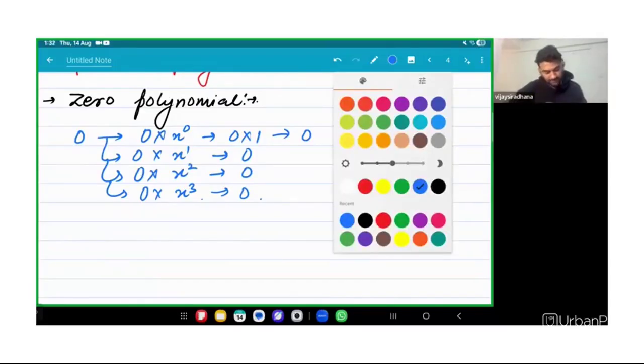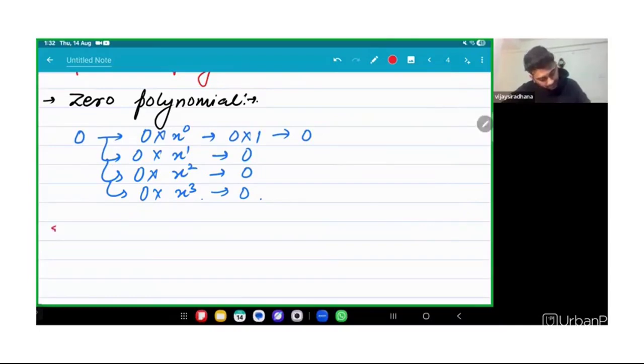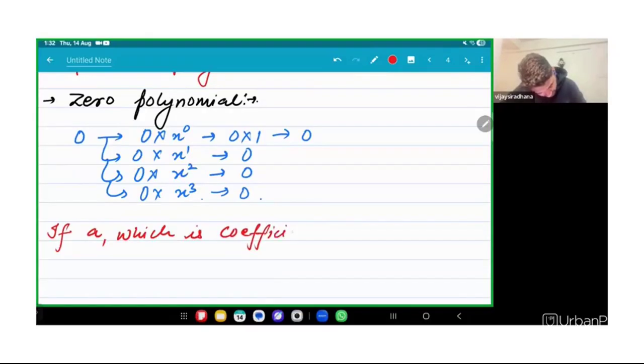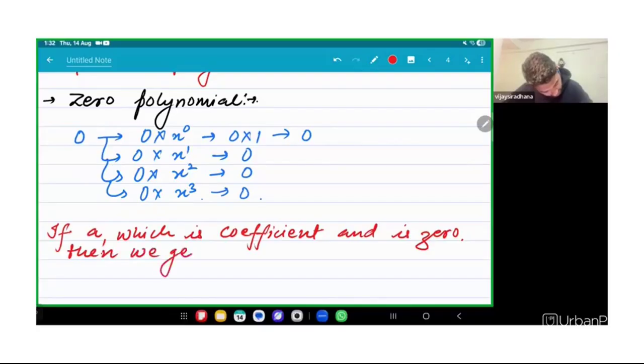So if it comes to the definition side, then if a, which is the coefficient, is 0, then we get the zero polynomial.